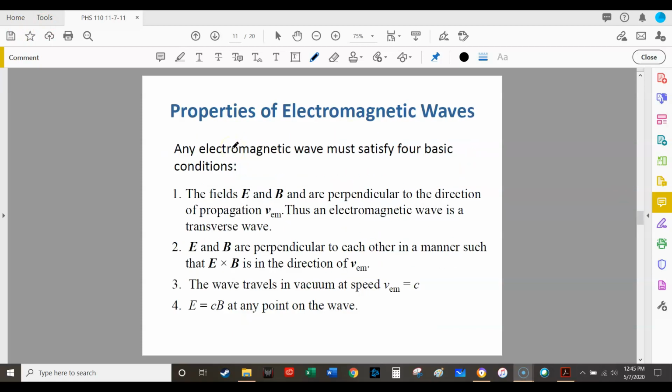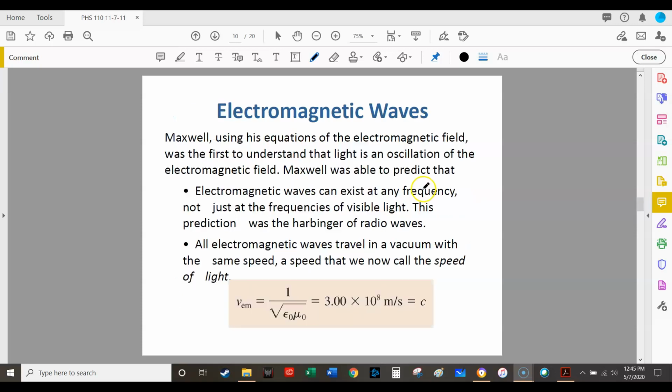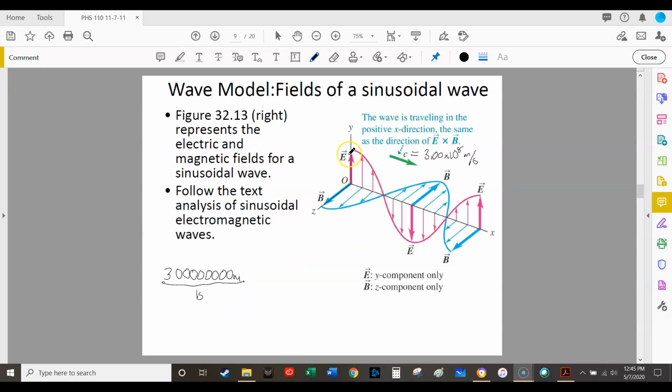The really cool properties of this is that the electric fields and magnetic fields are perpendicular to the direction of propagation. So I'm going to go back to that earlier slide. Notice that the electric field is pointing in the y direction. The magnetic field is pointing in the z direction, which is kind of like in and out of the page.